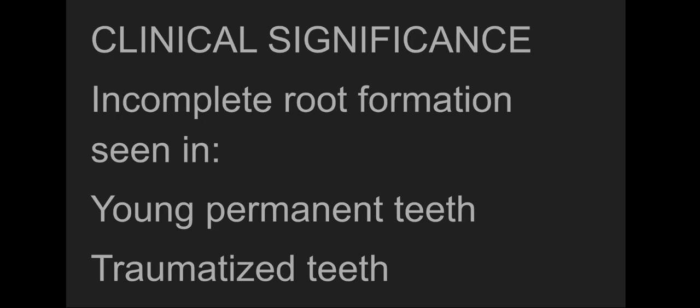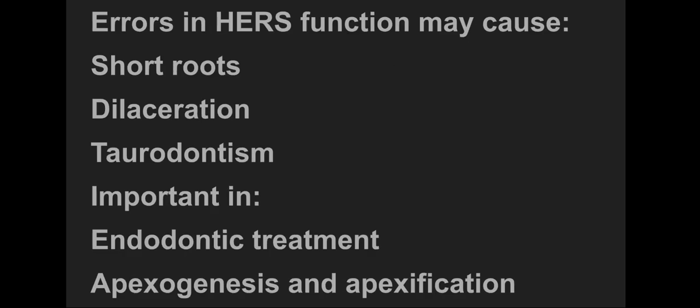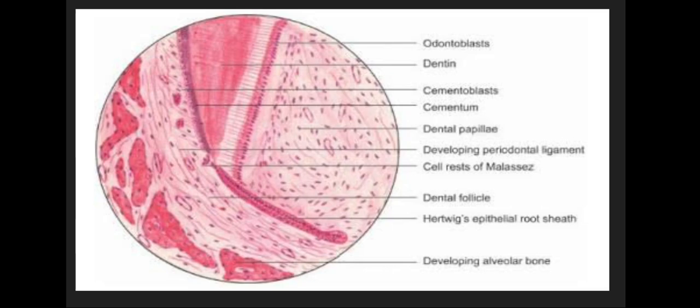Clinically important, incomplete root formation is seen in young permanent teeth and traumatized teeth. Errors in Hertwig epithelial root sheath may cause short roots. Important in endodontic treatment, apexogenesis and apexification. This is the diagram you have to draw for the epithelial root sheath.